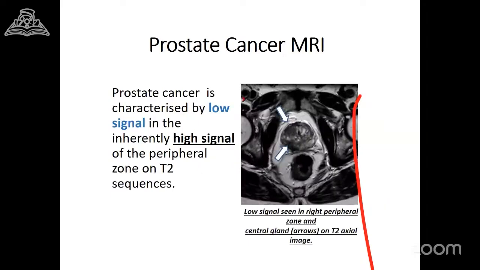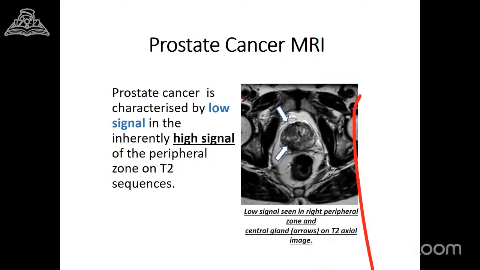So prostate cancer is typically characterized on T2 weighted images by an area of low signal intensity within the normally high signal peripheral zone.